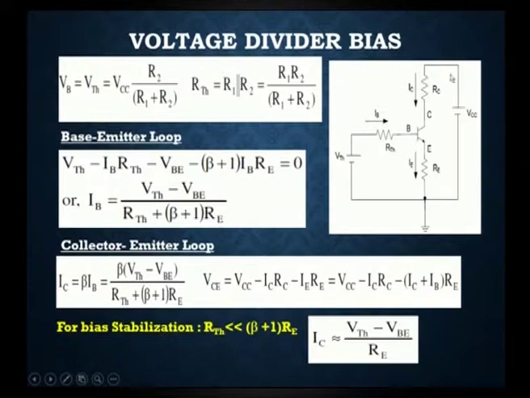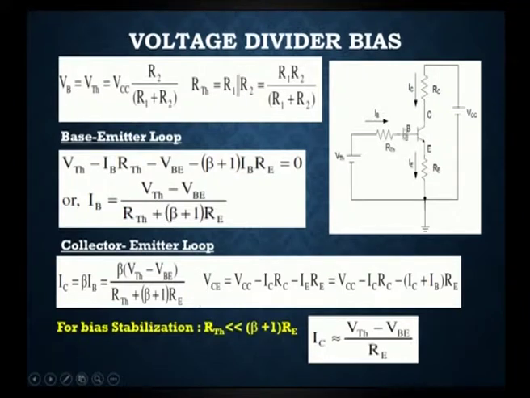If we consider the collector to emitter loop, we can find the collector current IC, which is equal to beta into IB for a common emitter transistor. We already know the IB value, so we substitute it here, beta times this.